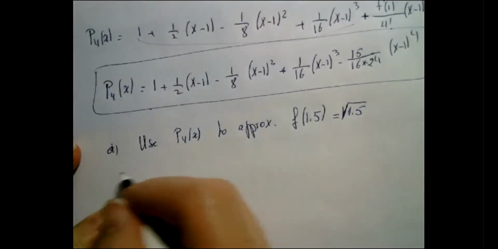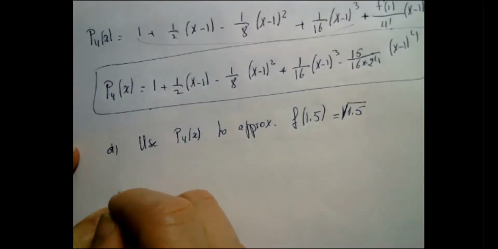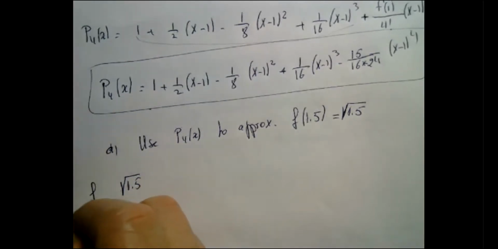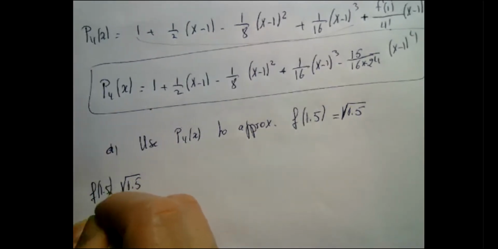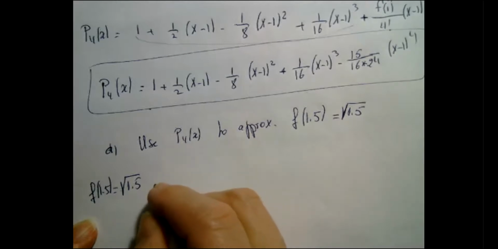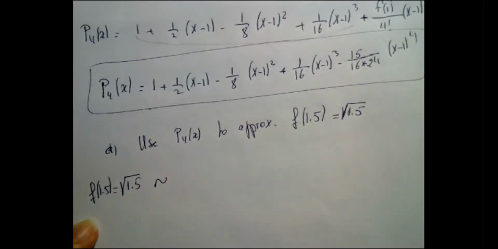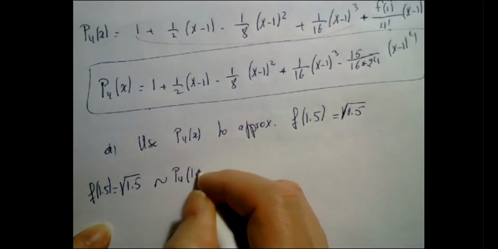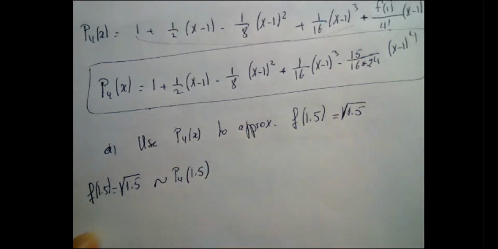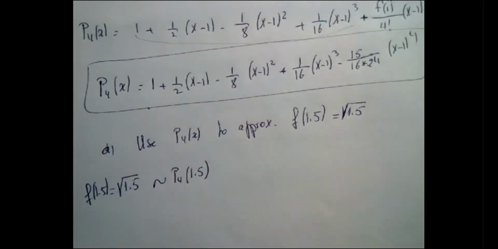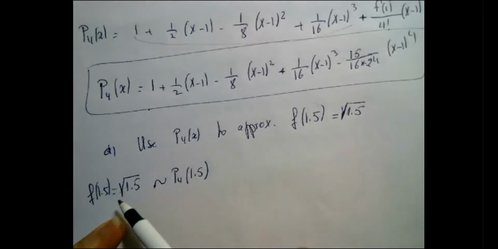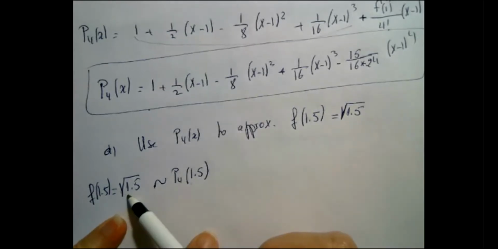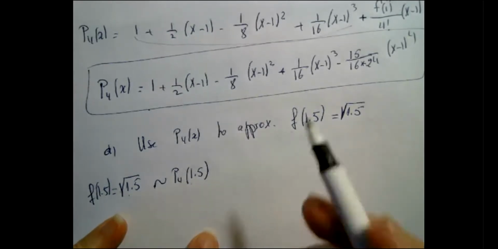It means that the function at 1.5 is approximated by the value of the polynomial at 1.5. If I plug 1.5 into the expression of the polynomial, I should get a value very close to the actual value of the function.